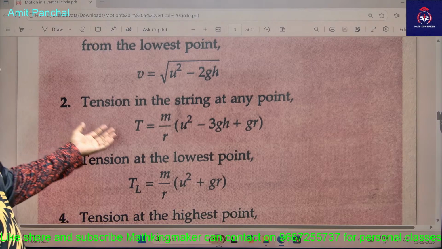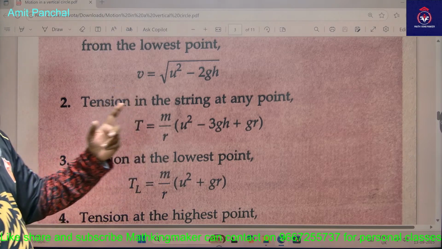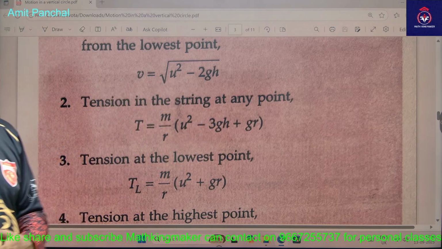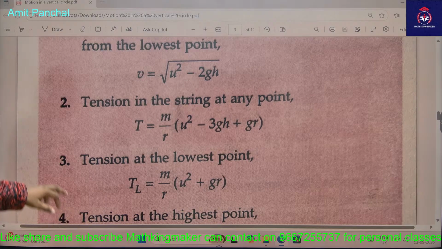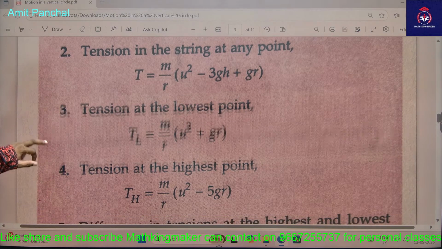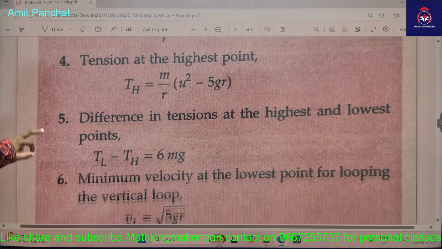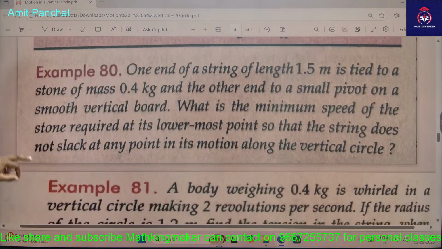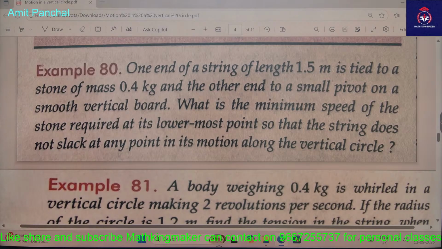In a vertical circle, only your u and h values will change. In a horizontal circle, tension would be equal to the centripetal force, right? So why aren't we showing any centripetal force in a vertical circle?